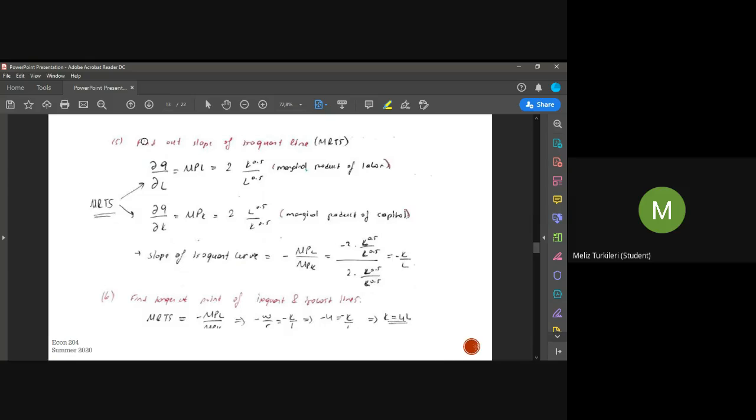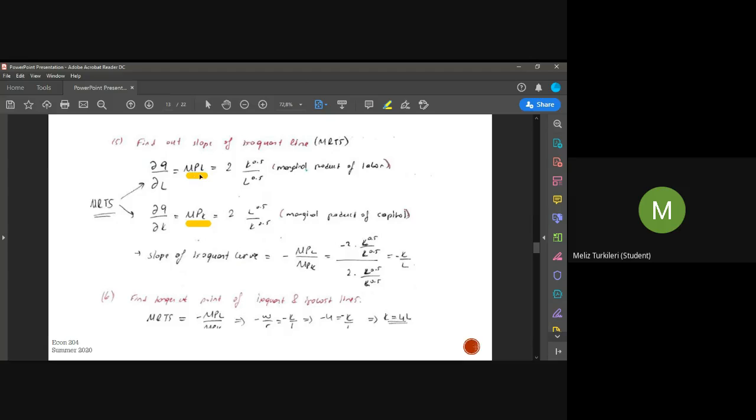And then find the isoquant line. It is the marginal rate of technical substitution. And I know that this amount is equal to the negative of the marginal product of labor divided by the marginal product of capital.